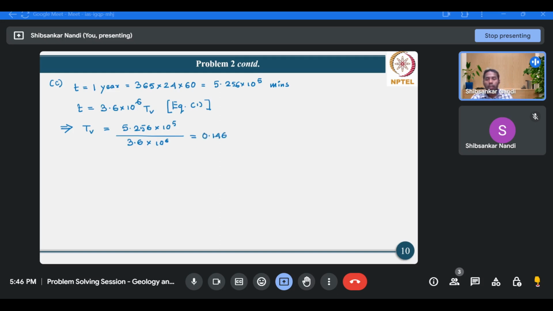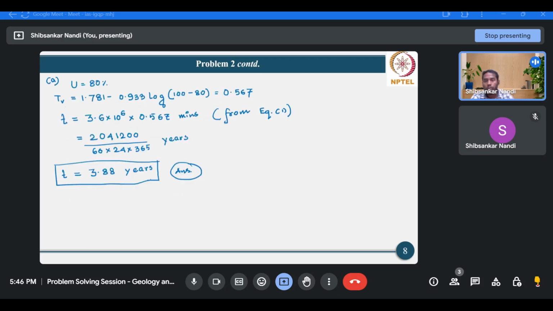Now if your TV value is 0.146, what we have to do is back calculate the percentage of consolidation, or the degree of consolidation, for which the TV value should be 0.146. How can we calculate? We have two equations for the calculation of TV: one is for degree of consolidation less than 60%, another is for greater than 60%.